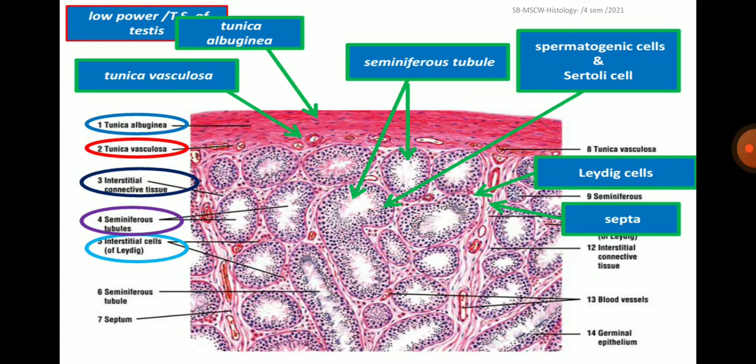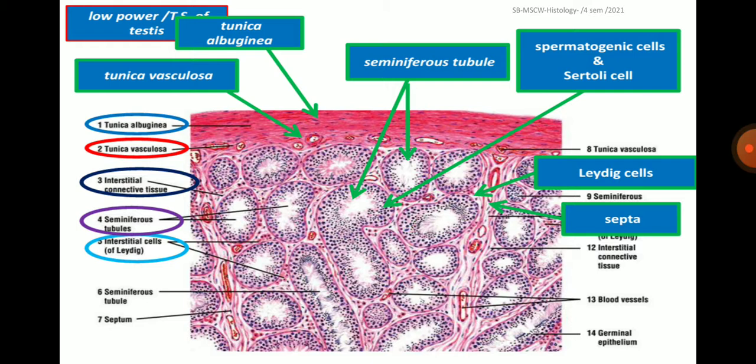This is the diagram which you have seen previously. It is a little enlarged and shown here to get the detailed picture of the histological structure of the testis. A part of it is enlarged.